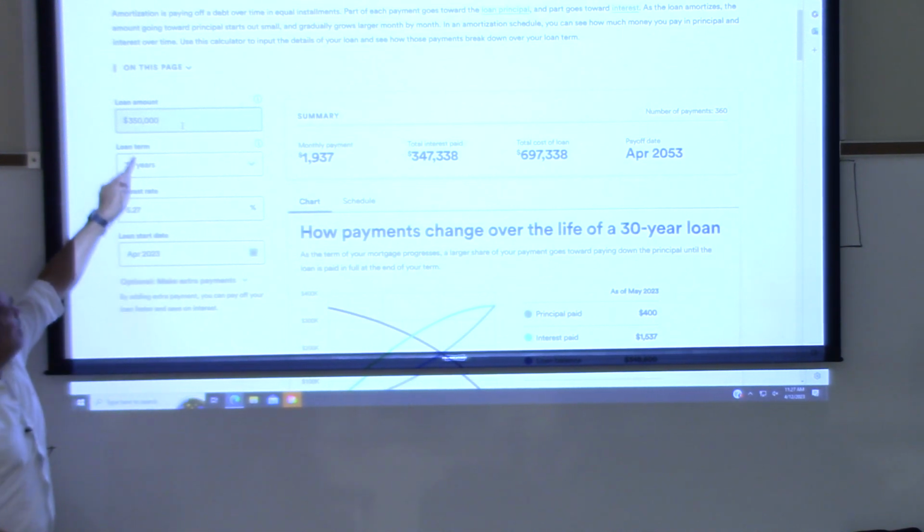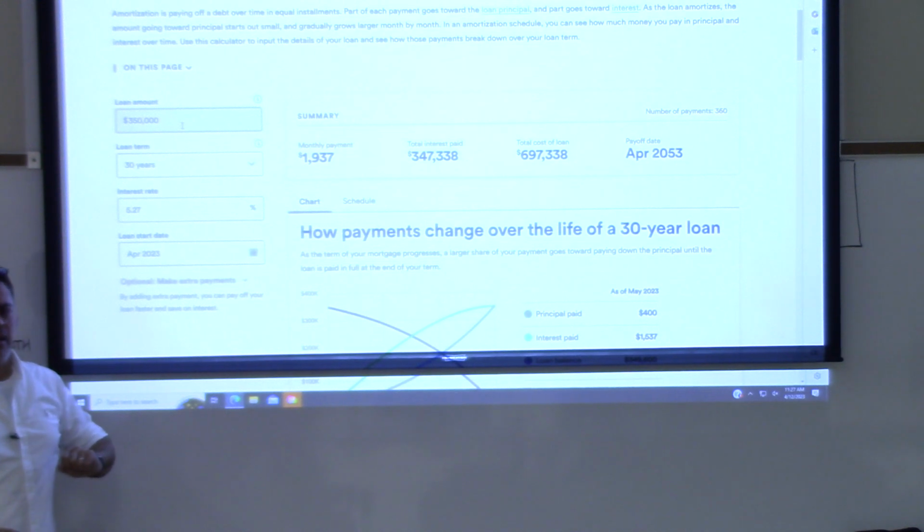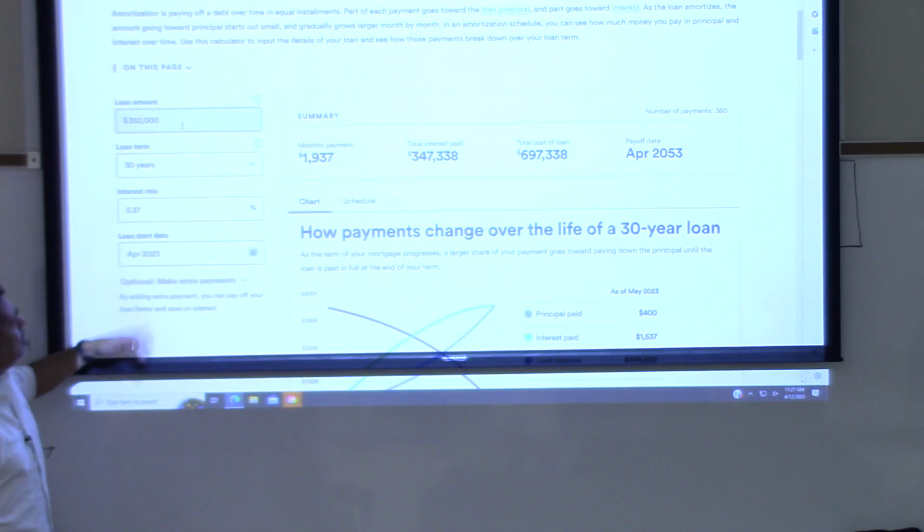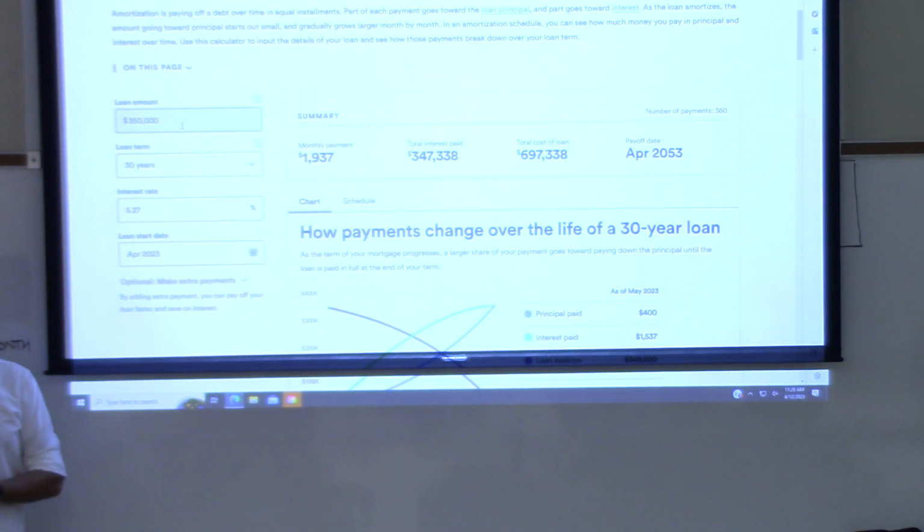So if I wanted to buy a $350,000 house right now, I would need to come to the table with $70,000 cash. What that does is it gives the bank some assurance that if the market goes up or down, 20% of the house is already paid for.